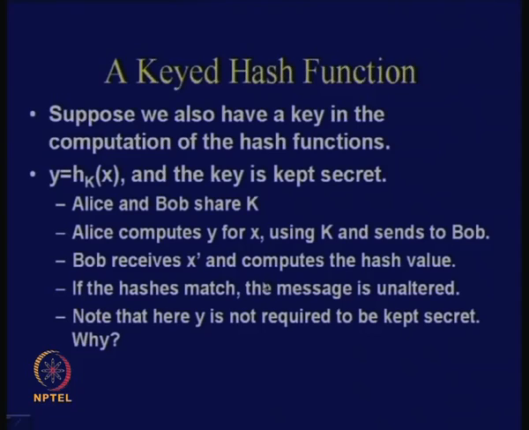Now Bob receives the value x', okay, and he computes the hash value, because Bob also knows the corresponding key value, right, and therefore he can compute the corresponding h_k(x) value. And if the hash matches, then the message is unaltered, and at the same time it is also guaranteed that neither the hash value nor the message has been tampered, okay.